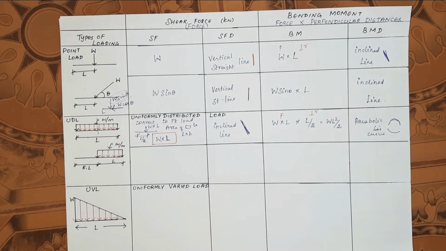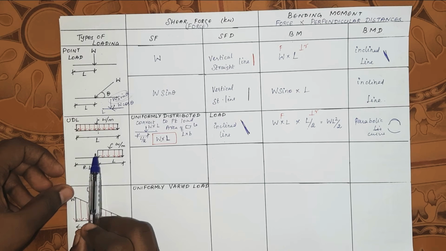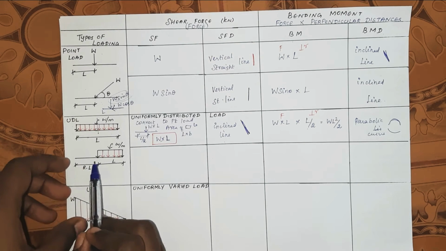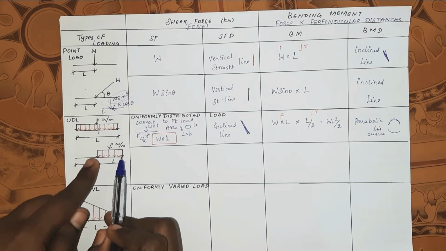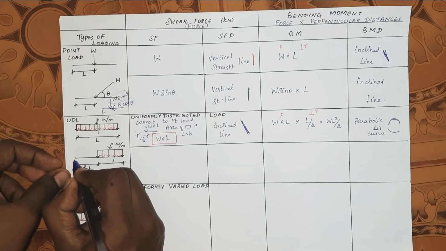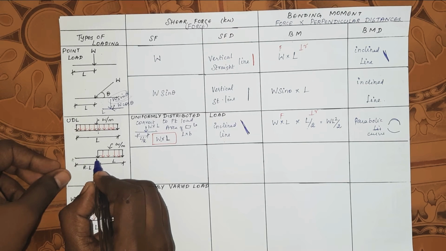Okay. Again, in some problems, the UDL is not acting throughout the entire beam. Over some distance the UDL is stopped. For this condition, I am taking moment at this place. Here, taking moment means we have to consider this remaining length.